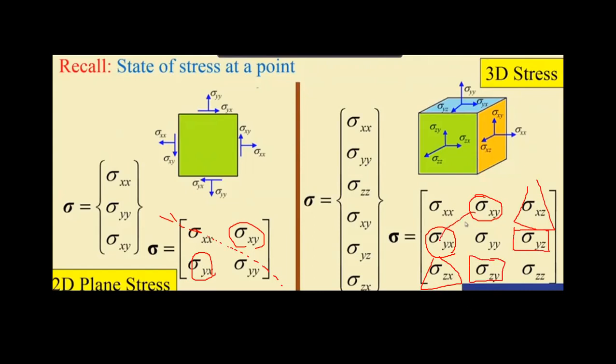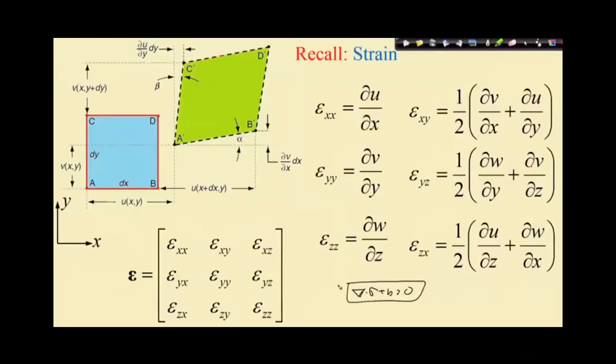So altogether you have 1, 2, 3, 4, 5, 6 unknowns. So this is just a representation of the forces per unit area, shear stresses and normal stresses.